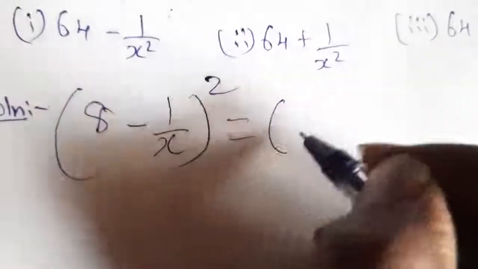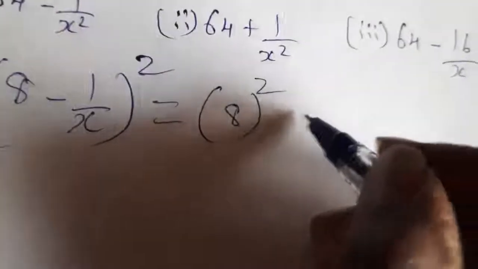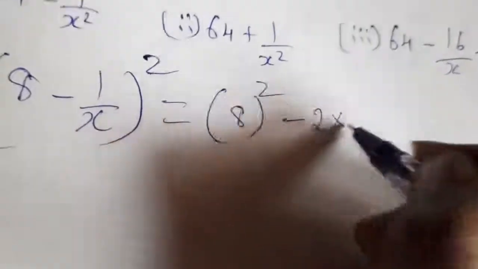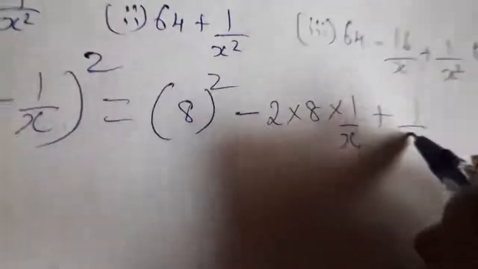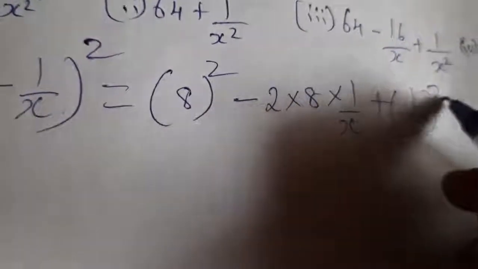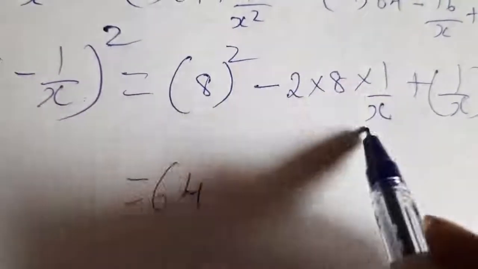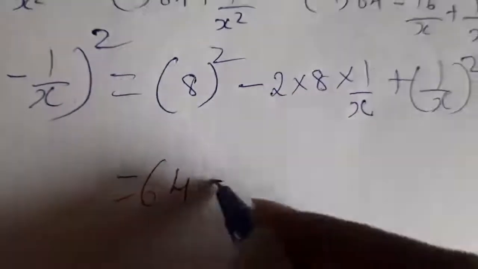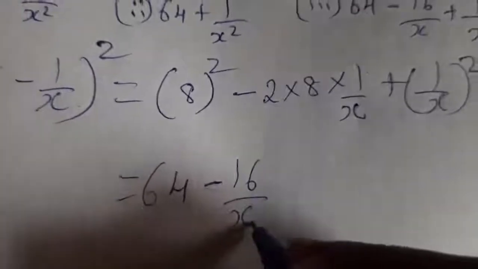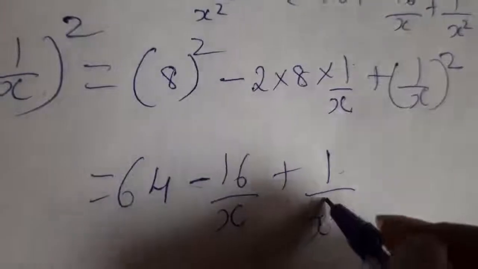So here 8 square minus 2 into 8 into 1/x plus (1/x) the whole square. 8 square is equal to 64. Here, minus 2 into 8 into 1/x, nothing can be cancelled. We have to multiply and write down. 2 eights are 16, so minus 16/x plus 1 square is 1 only, over x square.